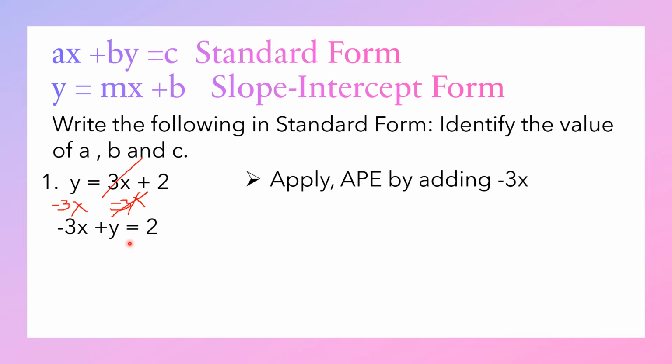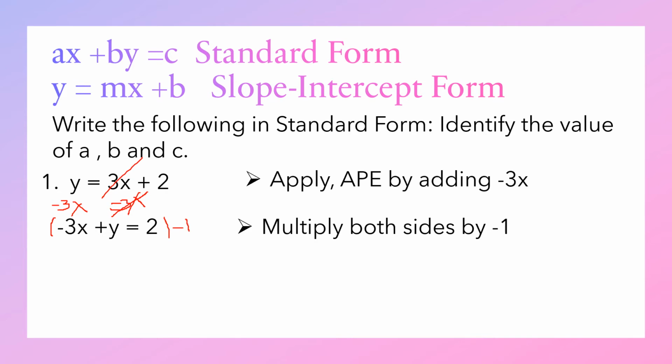And then, what are we going to do? We need to make this negative 3 positive, because in standard form, a is positive. So what we are going to do is just multiply both sides of the equation by negative 1. If we multiply by negative 1, it seems like it's just changing the sign.